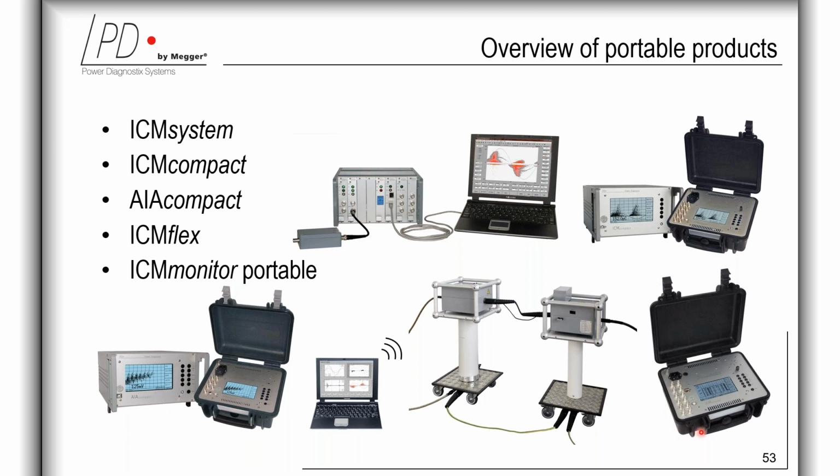And the ICM Monitor Portable is a compact instrument for evaluating the condition of medium and high voltage insulation. It again comprises a spectrum analyzer, an acoustic detector, and a conventional PD monitor in just one instrument.